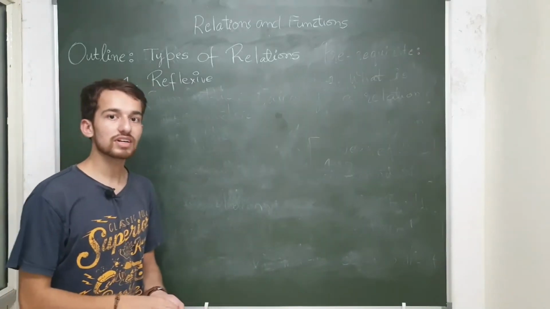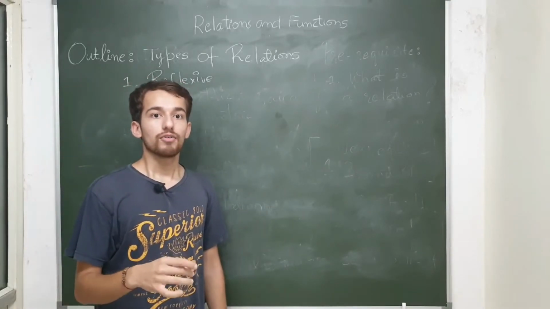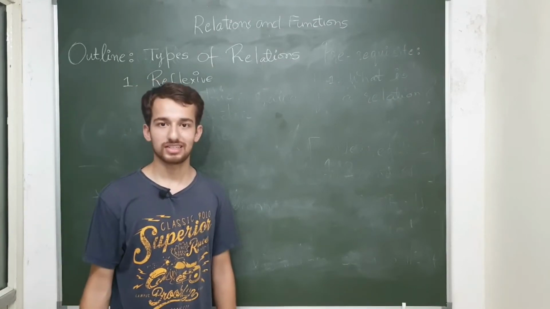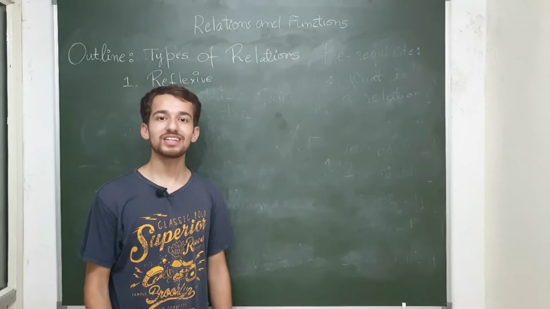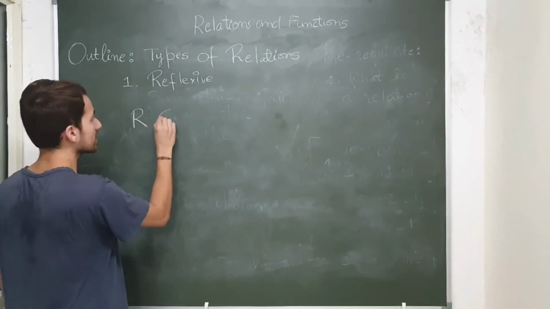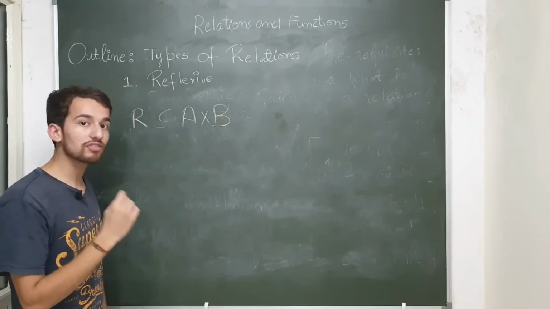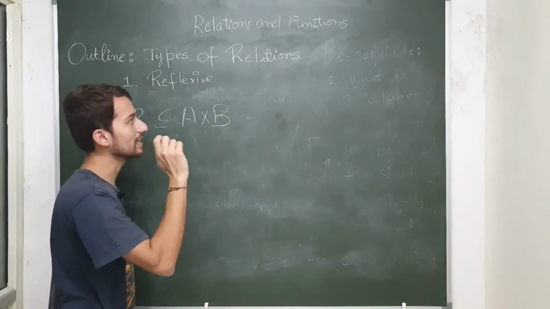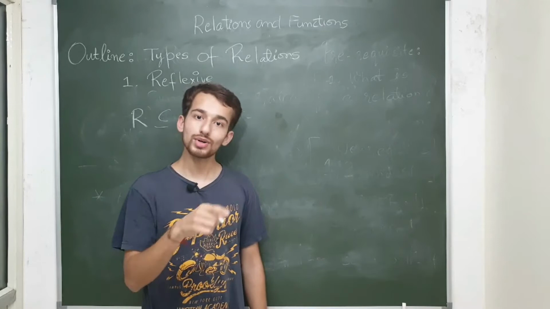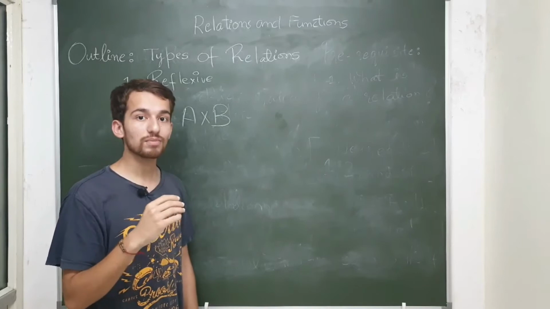Let's try to understand what a reflexive relation is. We have already learned that a relation from a set A to a set B is a subset of the Cartesian product. A relation, which we often denote by the symbol R, is a subset of the Cartesian product A cross B. When we were defining the relation from set A to set B, there were two non-empty sets A and B. In today's lecture, we are defining relations from set A to itself.